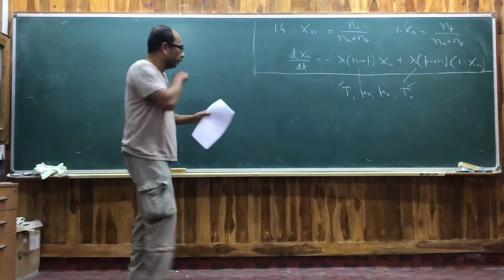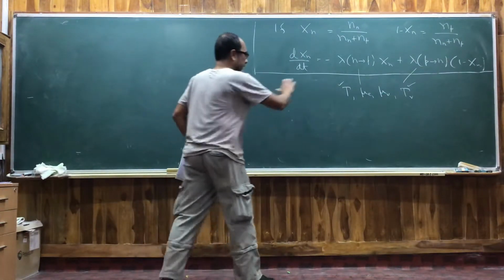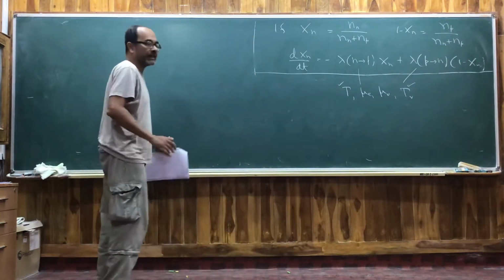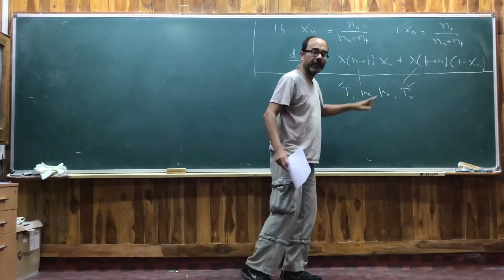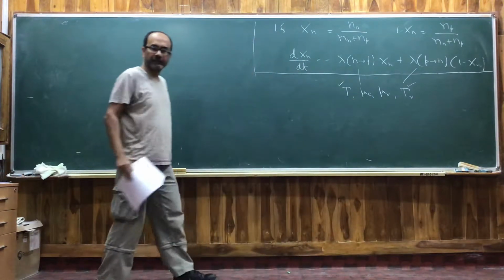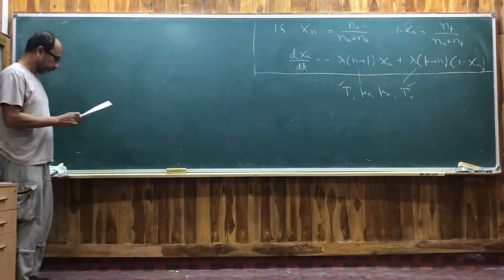So let's recall how to determine this. What is the philosophy for determining these objects, mu e and mu nu? Then we'll try to see if they are small.